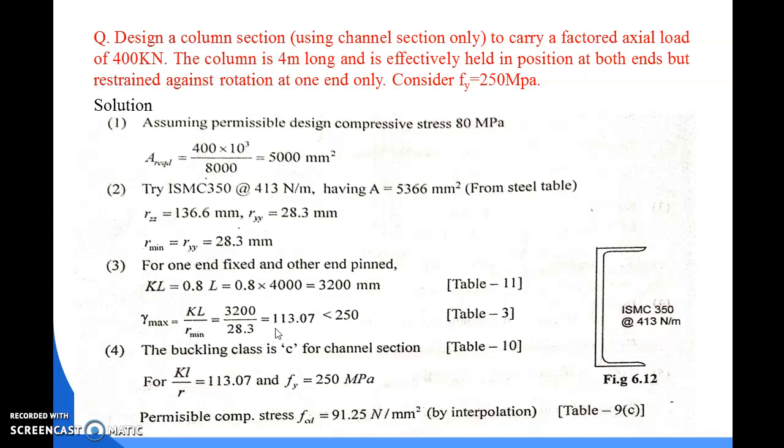So you can find the FCD values for slenderness ratios of 110 and 120.